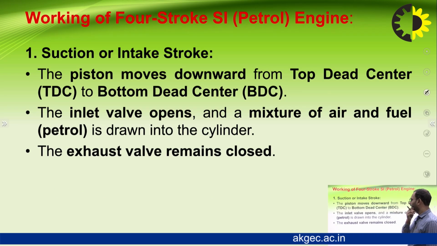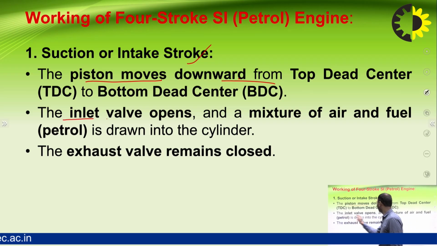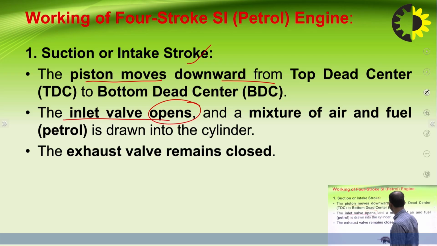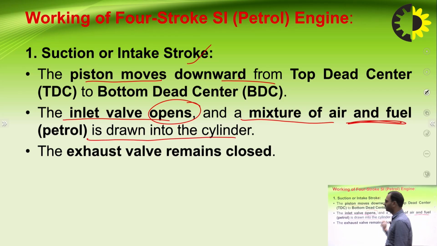So basically, the first process is the suction or intake stroke. In this stroke, the piston moves downward, that is, from top dead center to bottom dead center, due to which the inlet valve opens. A mixture of air and fuel is drawn into the cylinder.